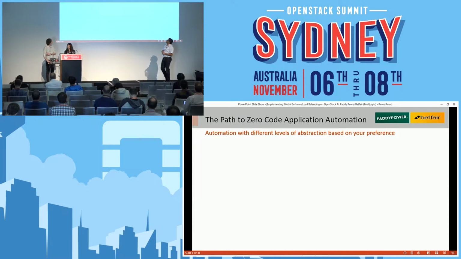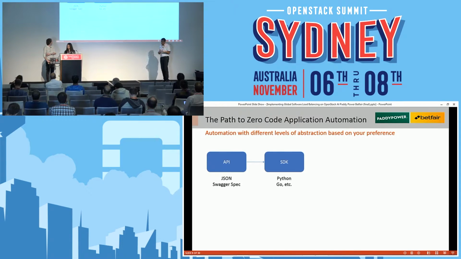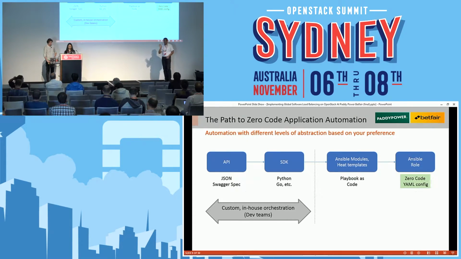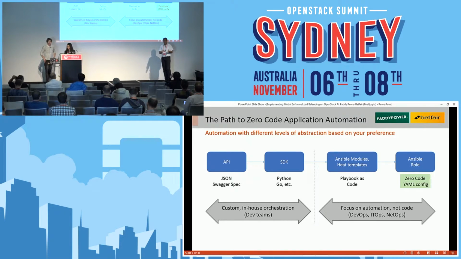So let me show a little more information about the application automation side of it. We see it as a spectrum of different options. On the extreme left, there's the API. We have a very well-defined RESTful API specification. We also have Swagger specs.